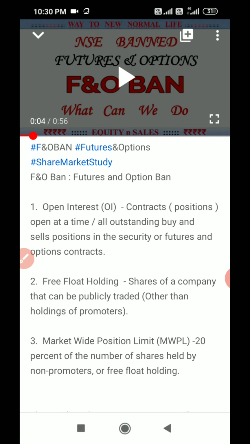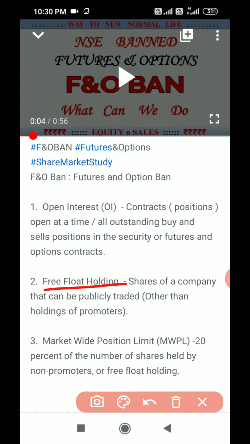Now I will explain about free floating holdings. It is the amount of shares of a company that can be publicly traded. So that means if a company has 1 crore shares, and 50% is held by the promoters, then the remaining 50% will be free floating holding.